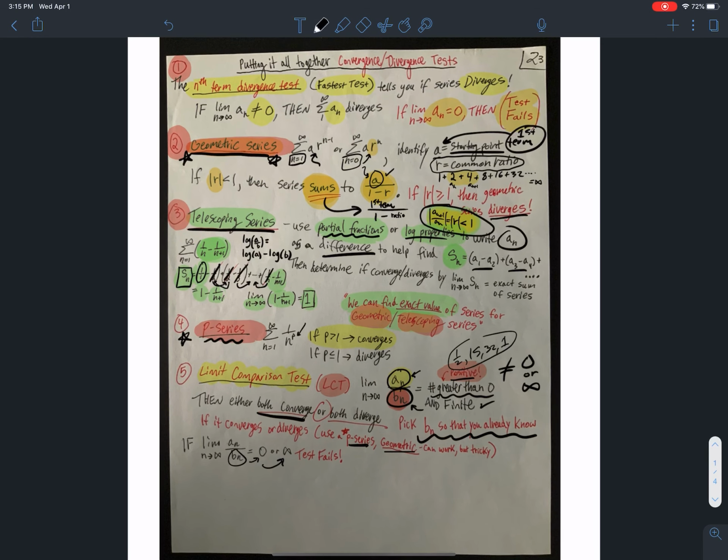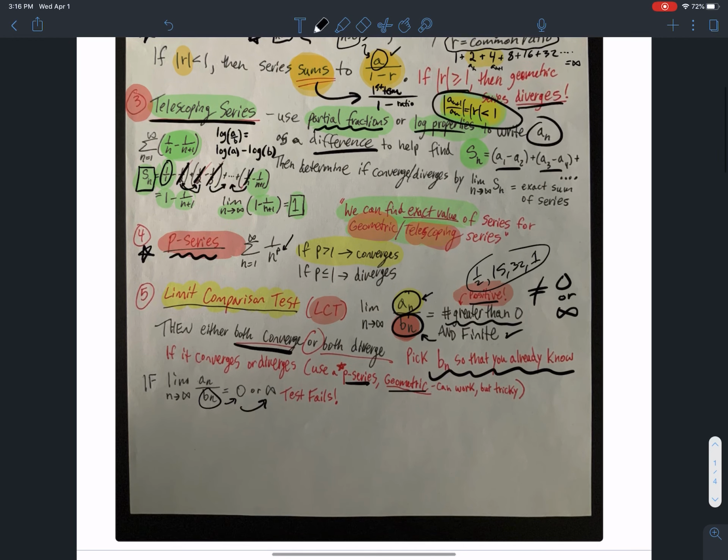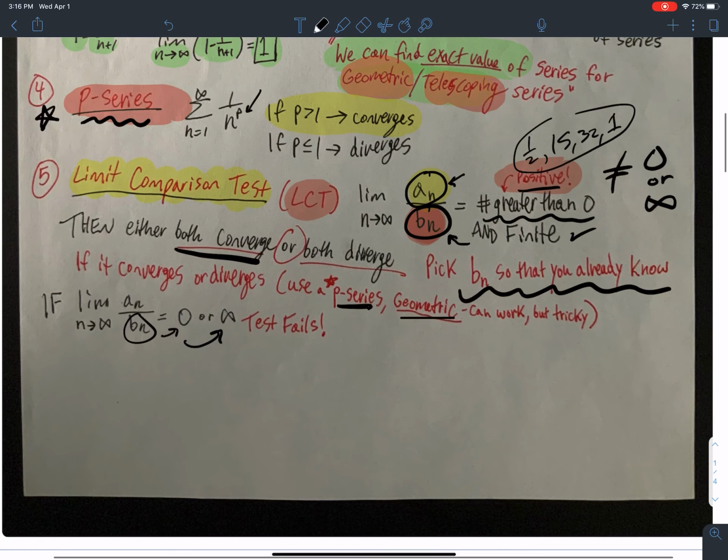Hopefully by seeing all these, it gives you a better perspective and some ideas of what you would do when you're looking at each problem and wondering what you should try. Now, there are ways to get around it if you do the limit comparison test and you get 0 or infinity, which we talked about in other videos.